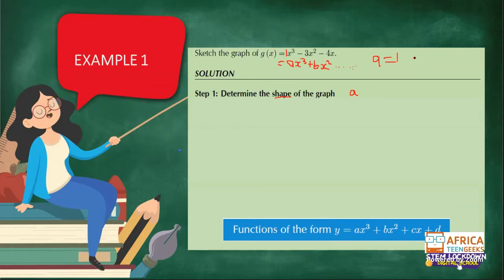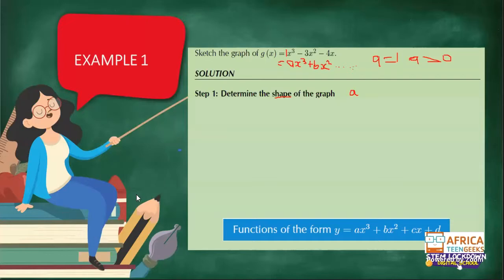And this means our a is greater than 0. So we look at the shape. Remember from the previous slide, we saw that if a is greater than 0, then this is the shape of our graph.